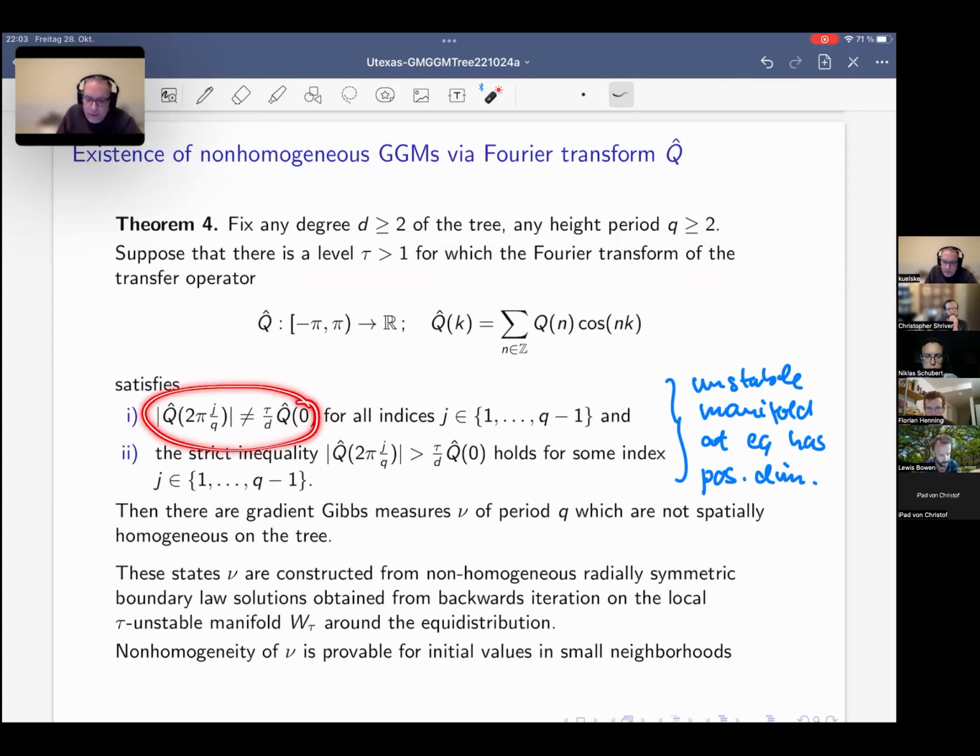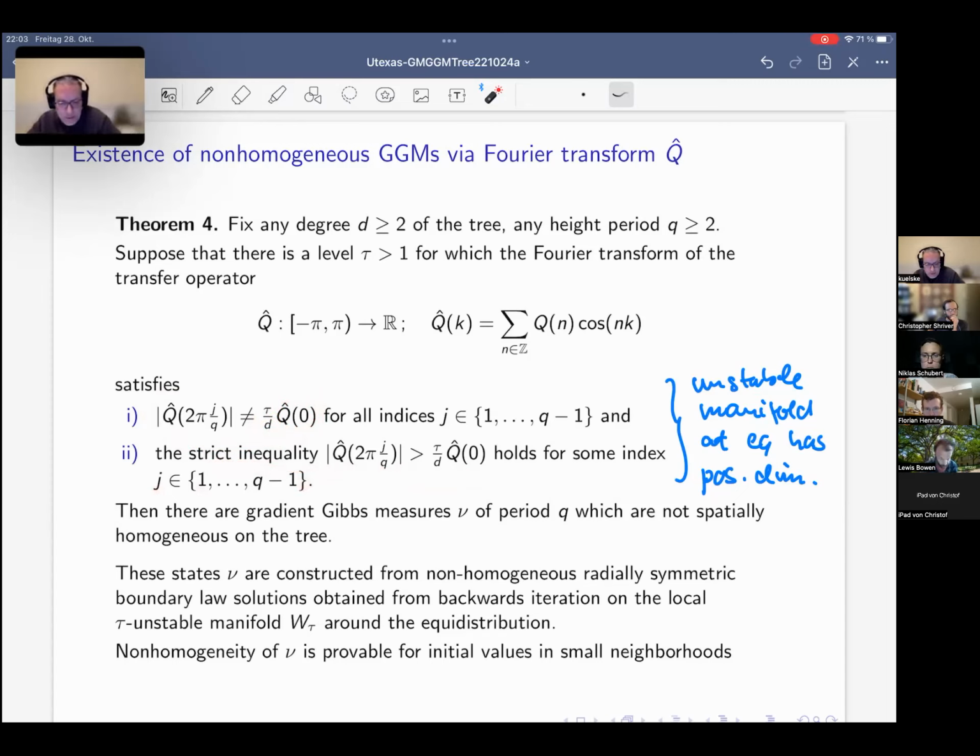This is a certain non-degeneracy condition. This is just the L1 norm, and this is a D appearing. Then you have the strict inequality for some index j from 1 up to q minus 1.